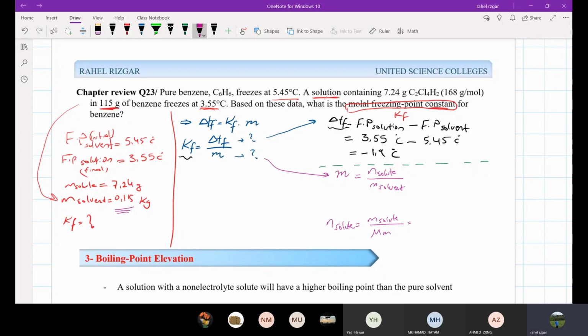Mass of solute is 7.24 grams divided by the molar mass, 168 grams. 7.24 divided by 168 is 0.043 mole.